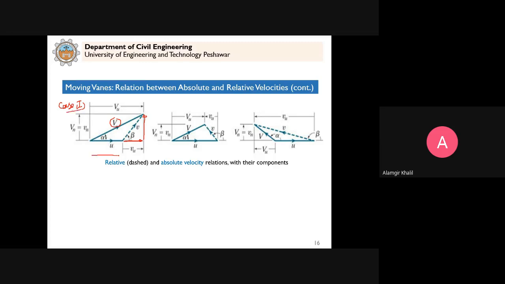And this will be the component of v. You can see here, this is the horizontal component of this v, and this will be the vertical component of this v. So you can see here, this component will be v sine of alpha, and this component here will be equal to v cos of alpha.